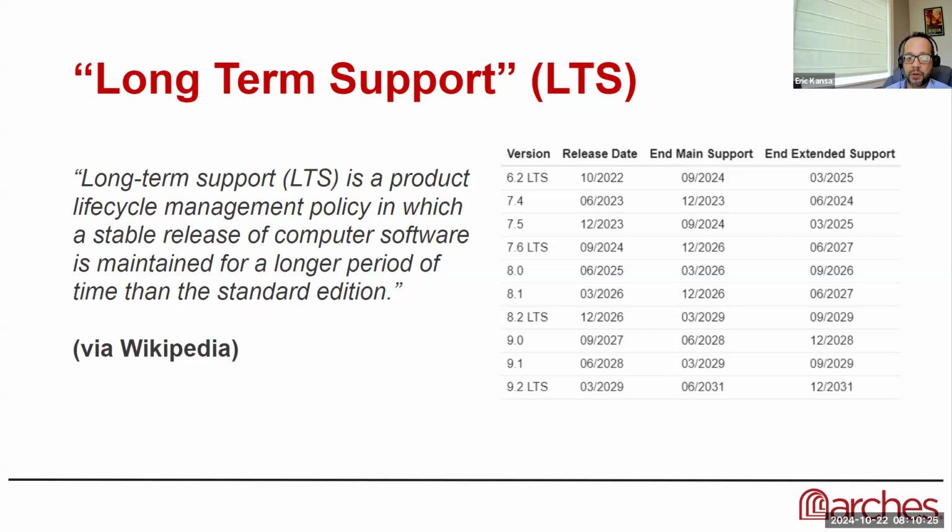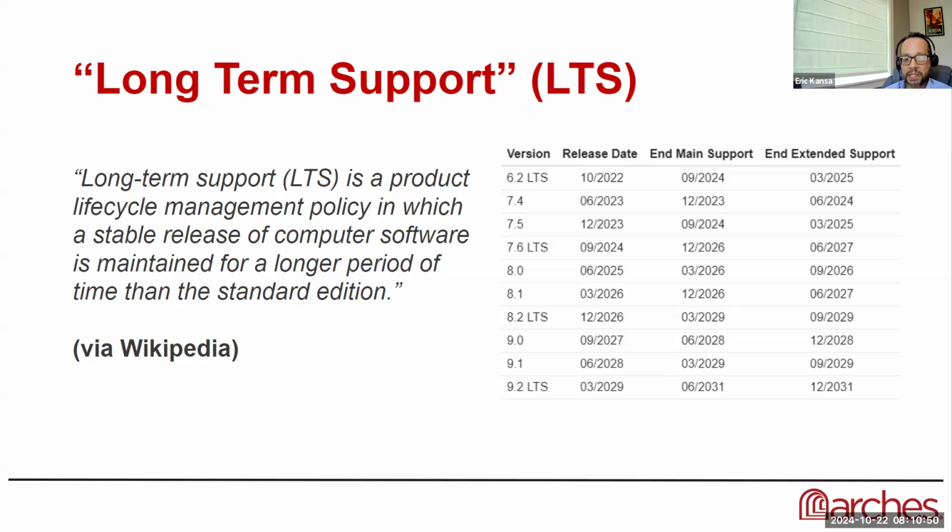And you see on this chart basically a schedule, a calendar of when different releases of Arches have come out and are planned in the future, and how long the support for these different versions of Arches is going to be continued. You can see the 7.6 release just came out at the end of September this year.